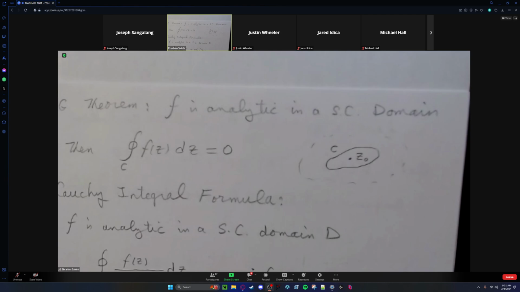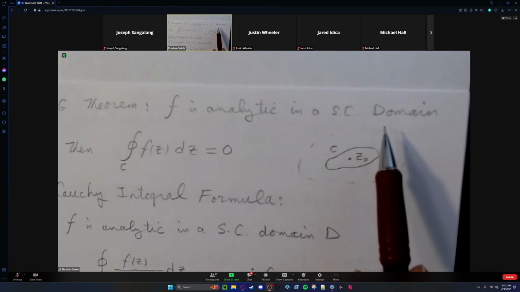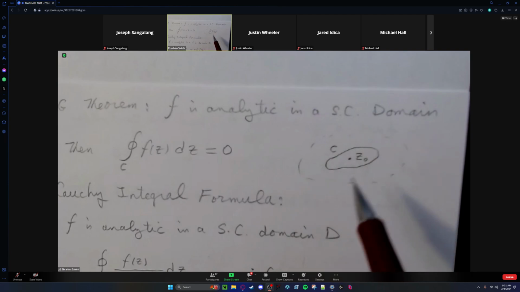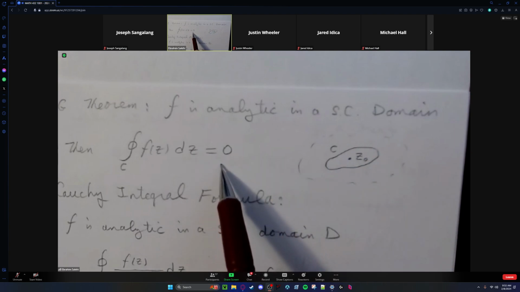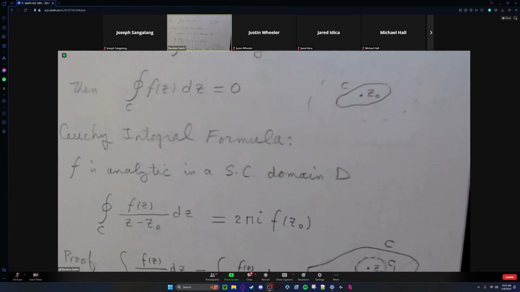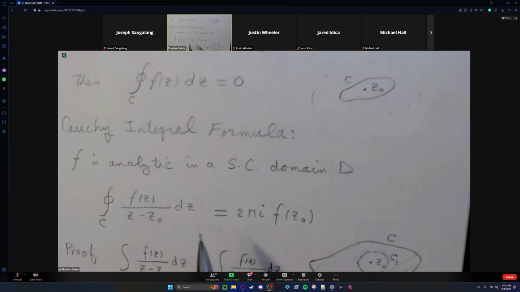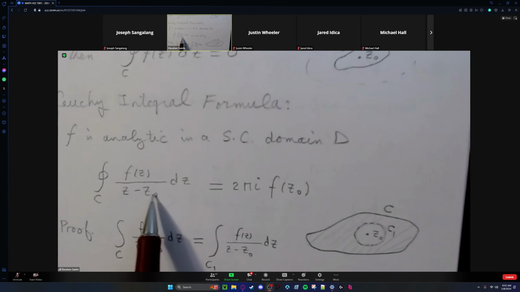So this is Cauchy's theorem. I'm repeating it, which is perfectly fine. If there is no bad point, the integral over the closed curve is 0. Okay? But what if there is a bad point and this is the bad point right here.